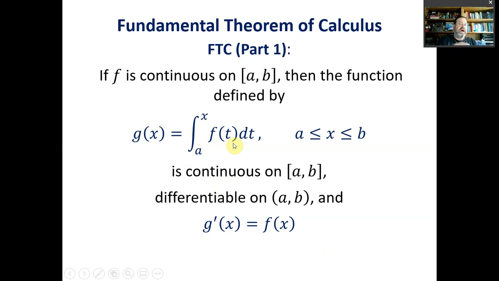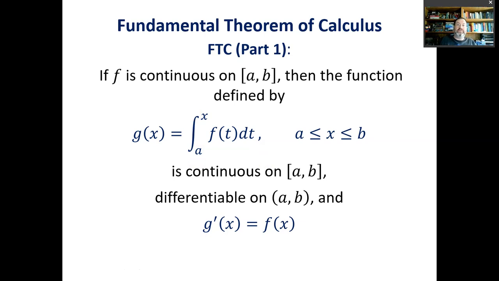So we're measuring how much area we're adding as we move to the right, and encoded in that is information about the slope of the area function. We're measuring how fast we are increasing area.